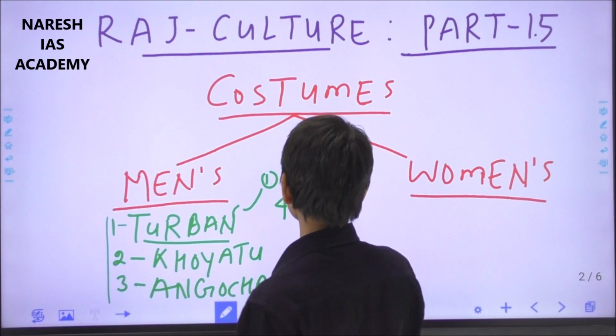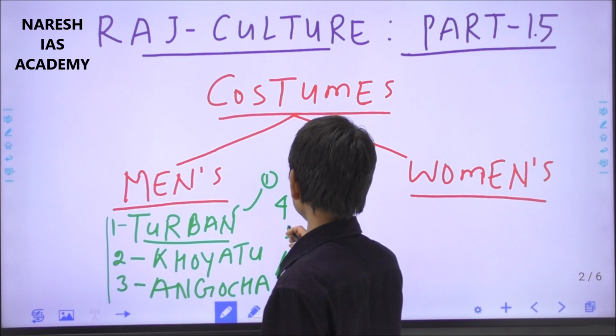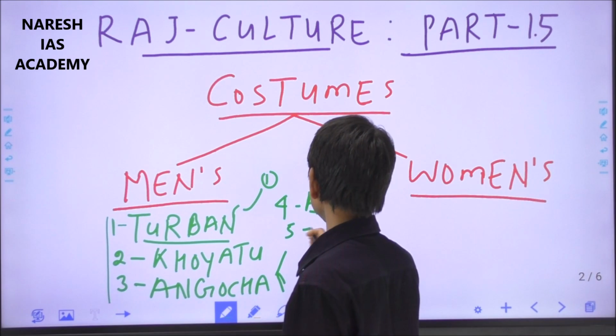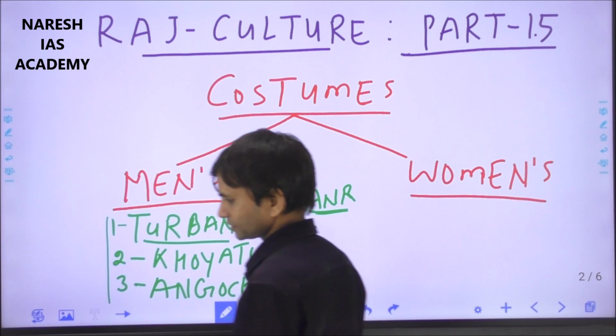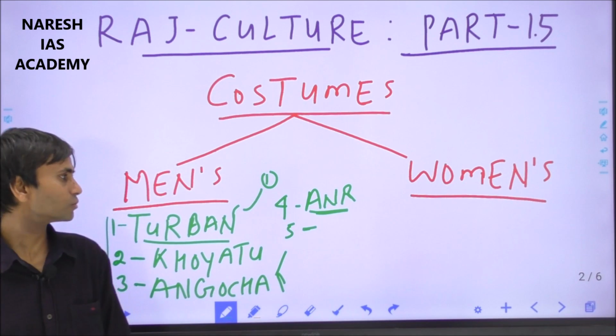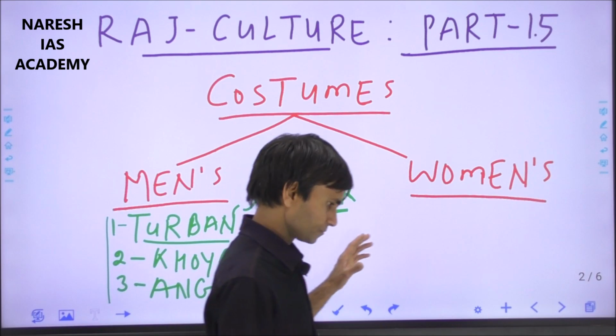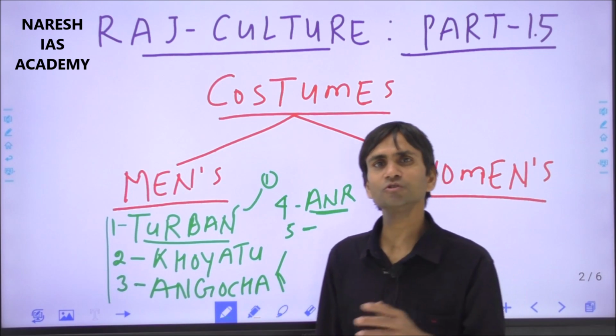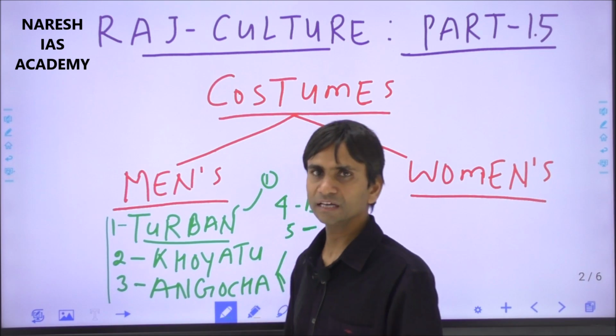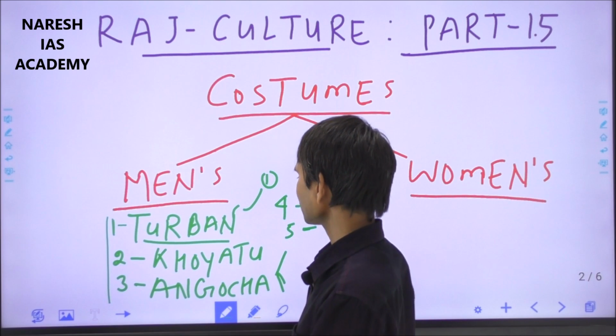Some of the common costumes liked by the men are different kinds of safa. Safa or feta is also a type of turban, but generally liked by the persons in East Rajasthan rather than Western Rajasthan.